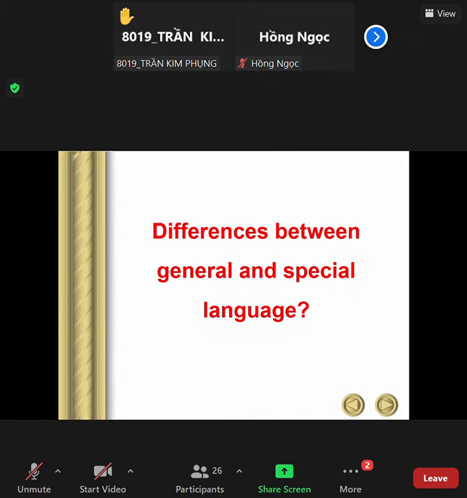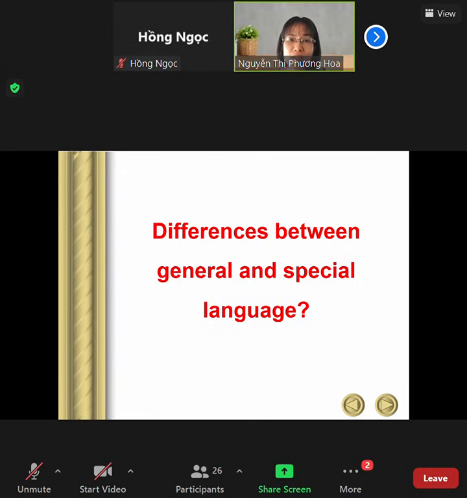Yeah, that's right. Special language is terms and terminology developed within a profession. Like in the medical area, there are some terms that we cannot understand. And in our legal profession, there are terminologies that are also special to ordinary people. General language is just ordinary language, right?